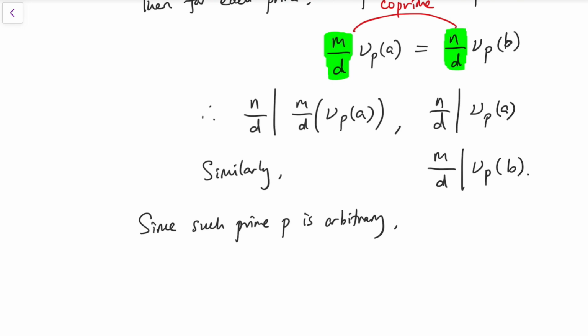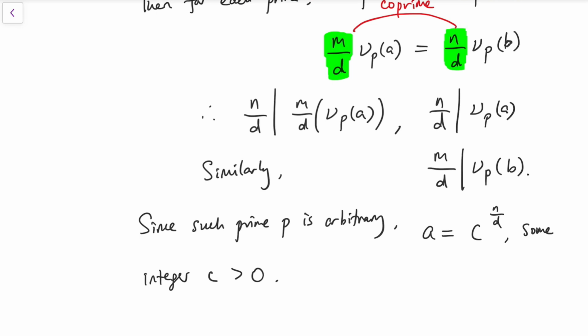And so that means we can write a equals some number to the power n over d, some integer c that is positive.